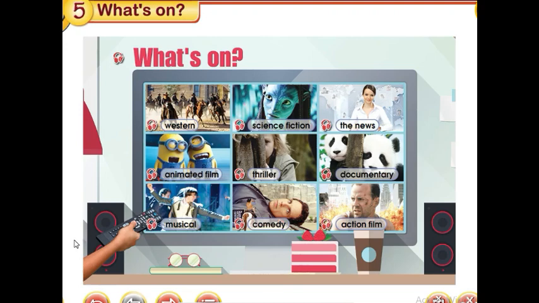Animated films, thriller are exciting movies. Documentary are programs or films that give facts and information about a subject. It can be history, geography, science, animals, anything. Musical are films with a lot of music, comedy, films that make us laugh, and then action films.